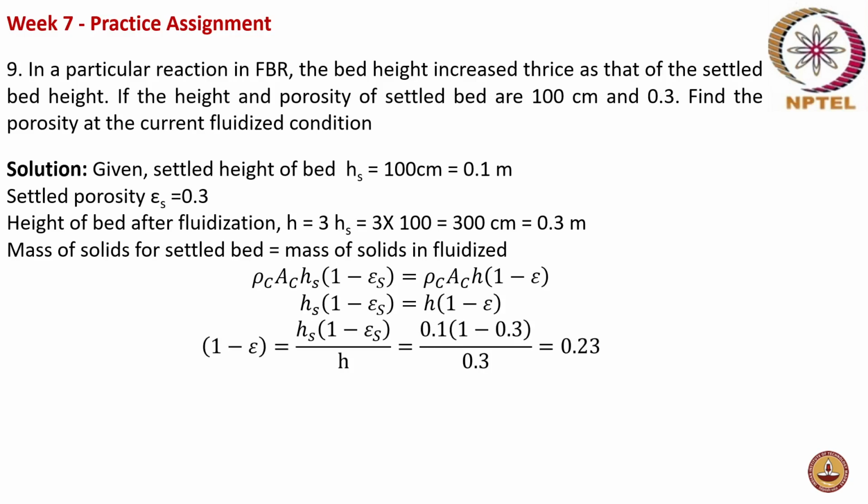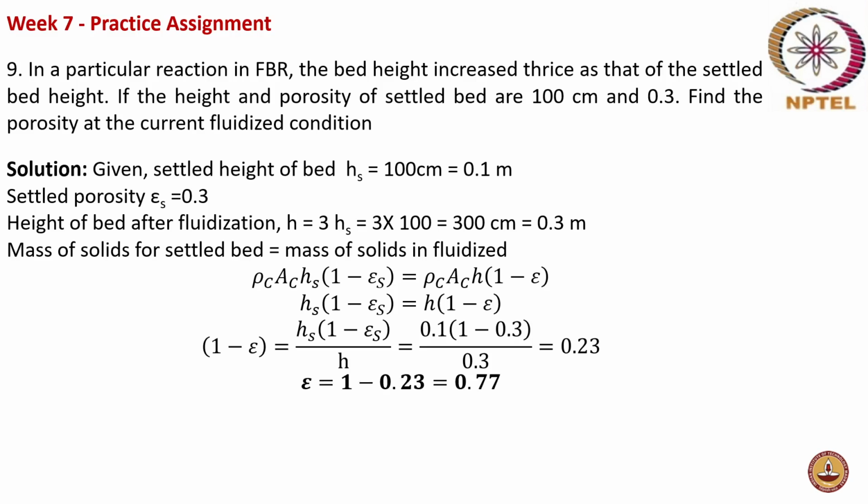So rearranging this, 1 minus epsilon is equal to Hs into (1 minus epsilon s) divided by H. We have Hs is 0.1, epsilon s is 0.3, and H is equal to 0.3. So that is equal to 0.1 into (1 minus 0.3) divided by 0.3, which gives 1 minus epsilon as 0.23.